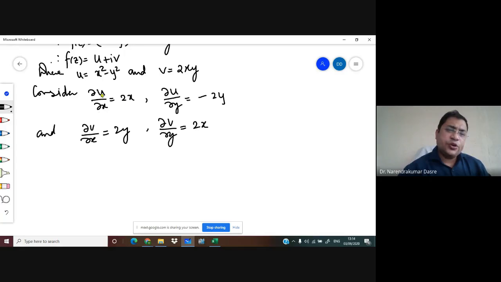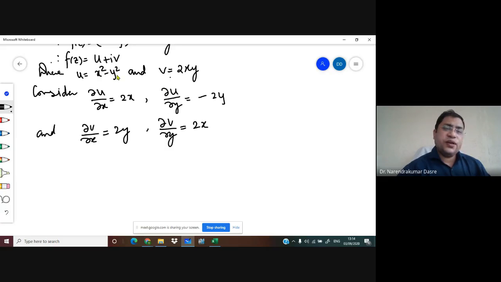So when we are finding the partial derivative, the other variable is treated as a constant. When I am finding the derivative of u with respect to x, y is treated as a constant and hence the derivative of y is going to be 0. Similarly, when we are finding the derivative with respect to y, x is treated as a constant and hence the derivative of x with respect to y is going to be 0.